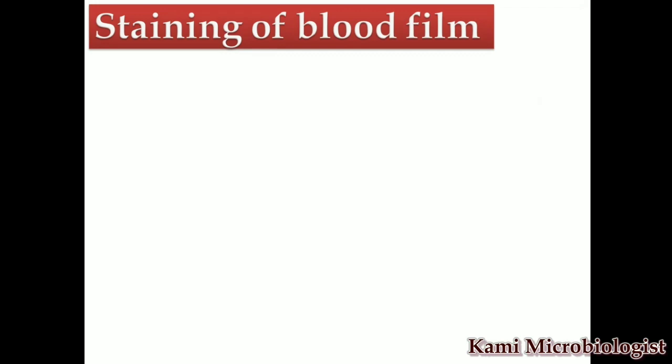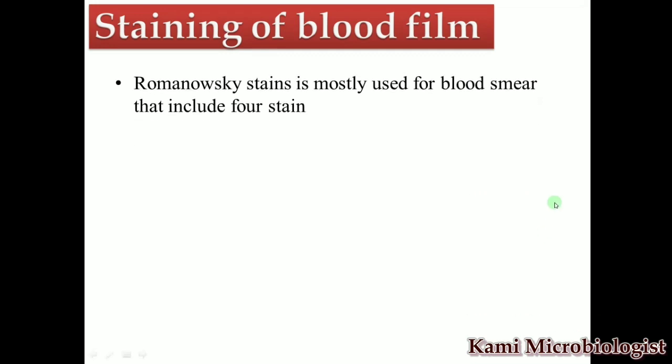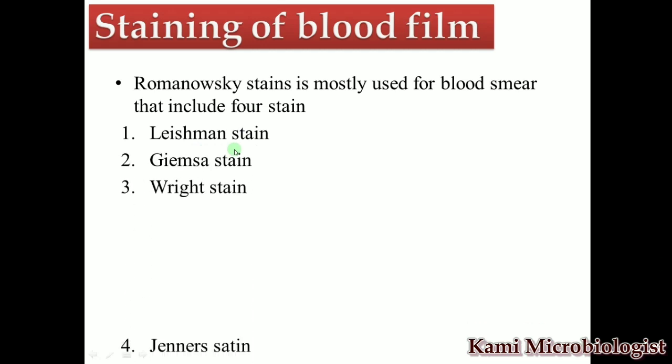Now let's see what type of staining we use to stain the blood film. We mostly use Romanowsky stains, and remember, Romanowsky was a scientist who made different stains, and Romanowsky stains include four stains: Leishman stain, Giemsa stain, Wright stain, and Jenner stain.